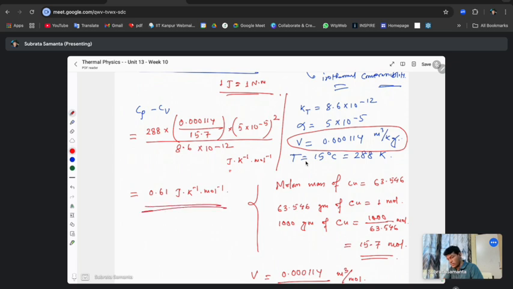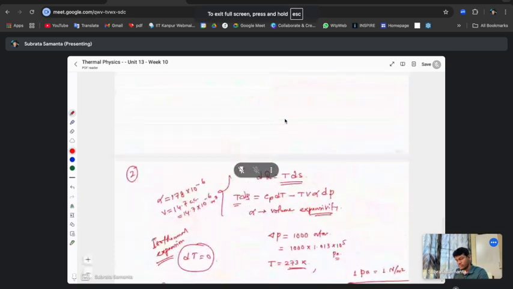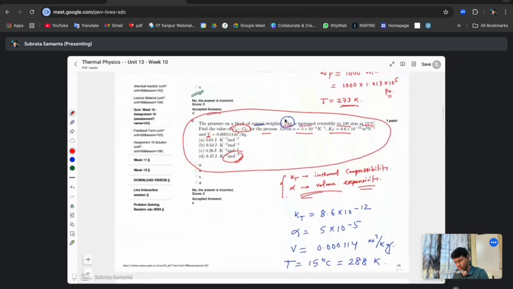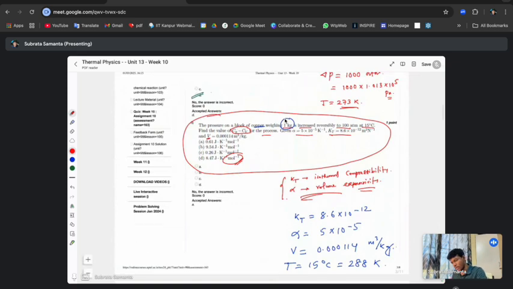So the answer is 0.61 in the units of joule per Kelvin per mole. Let's check the options. Yes, option A is correct. The unit is joule per Kelvin per mole.